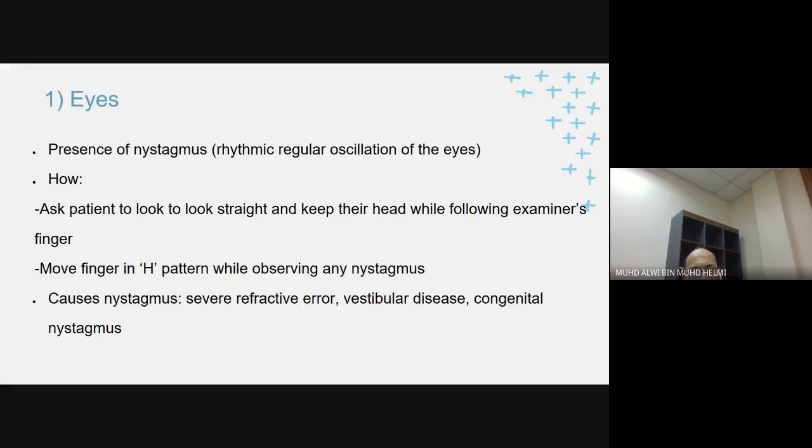Sometimes the type of nystagmus can give you a clue what the problem is. In cerebellar disease you usually get rhythmic regular oscillation of the eyes, which can be vertical or horizontal nystagmus, but if I'm not mistaken, it's horizontal. You should check on this, what sort of nystagmus the patient presents with in a cerebellar lesion, because in a vestibular lesion you will also get nystagmus, and in a cranial nerve problem you can get nystagmus too. Okay, next.